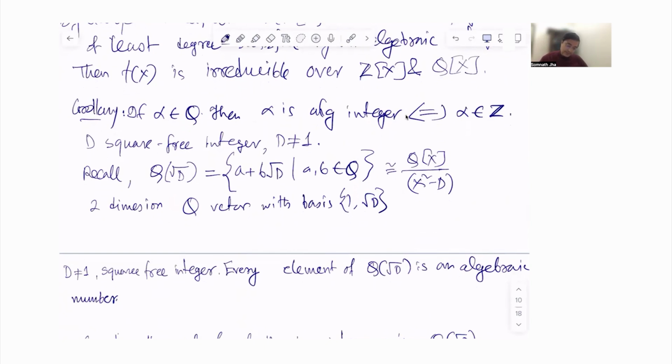So as I said, every element of Q root d here is an algebraic number.